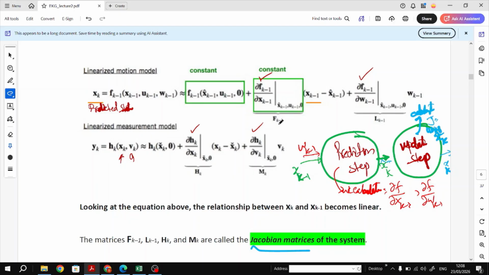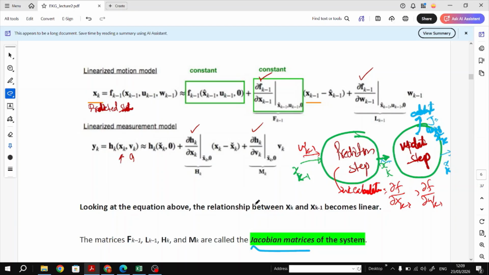So of these four matrices, L is the partial derivative with respect to the process noise, F is the partial derivative with respect to the updated state, H is the partial derivative matrix with respect to the predicted state, and M is the partial derivative matrix with respect to the measurement noise.